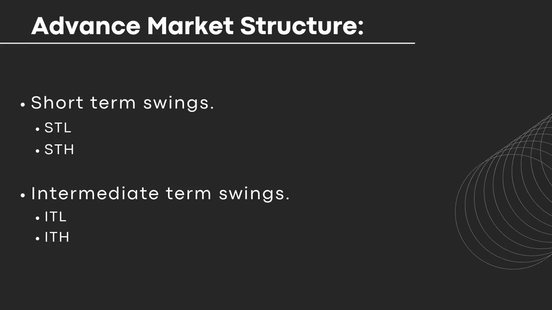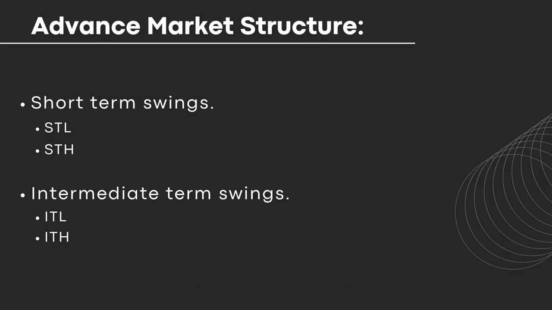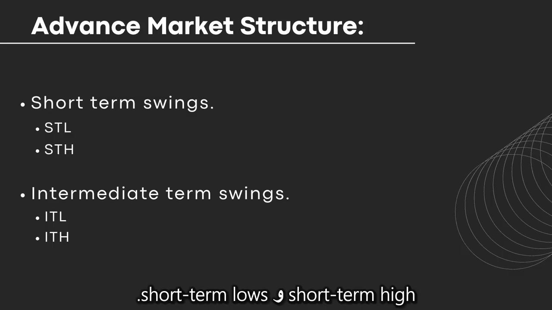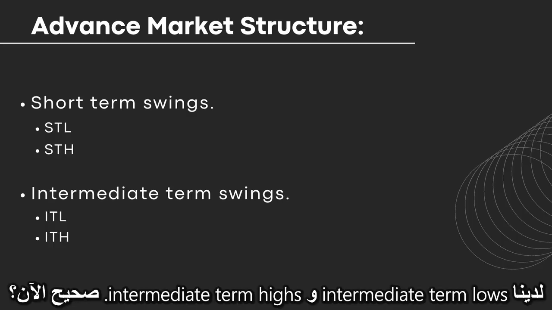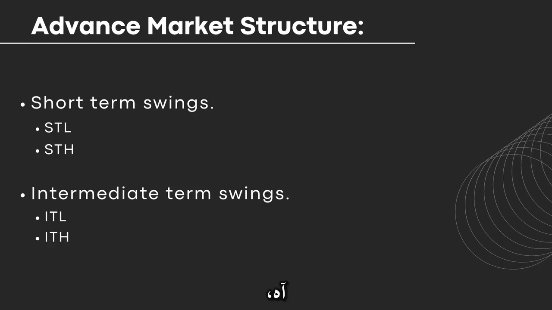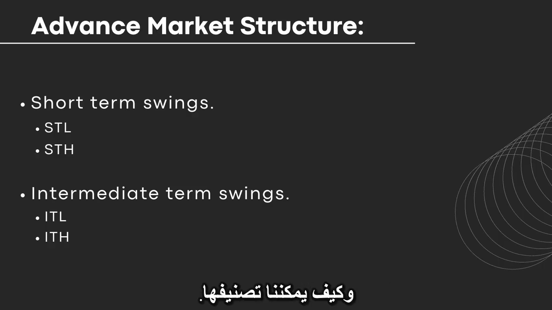So inside short-term swing points, we've got short-term highs and short-term lows. And with the intermediate swing points, we've got intermediate-term lows and intermediate-term highs, right? Now we're gonna accurately define what each of them means, and how we can classify them.